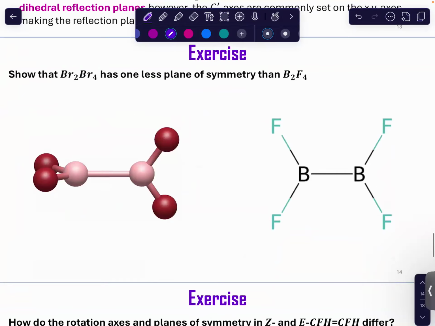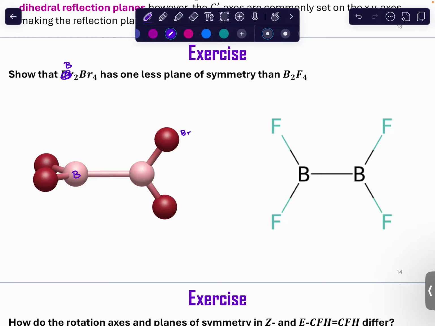Now here are some interesting molecules. Here we have diboron tetrabromide, that's going to be your left one over here, and then you have your diboron tetrafluoride.